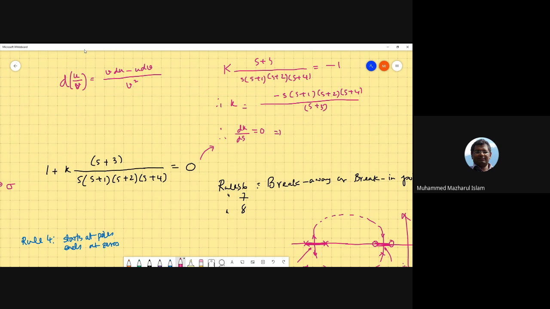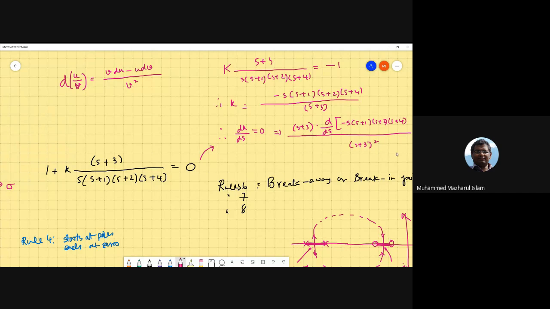So this implies (s plus 3) whole square. This is our v, and our u is everything on top. So (s plus 3) into d/ds of minus s(s plus 1)(s plus 2)(s plus 4).